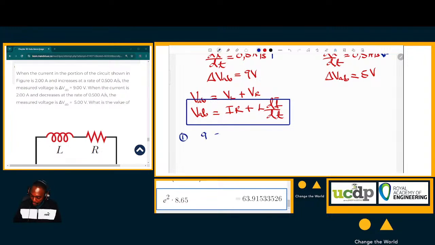V_AB is 9 volts, our resistor is unknown, and the value for our inductor is unknown, and our current is not 0.5, it's 2 actually.